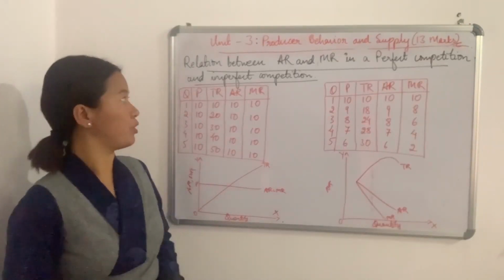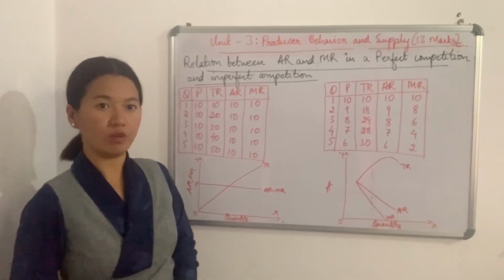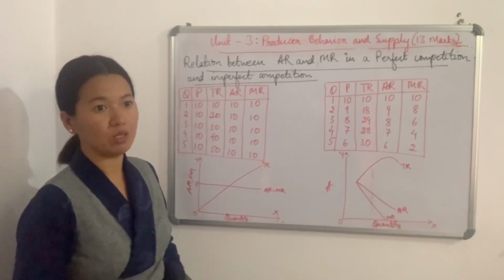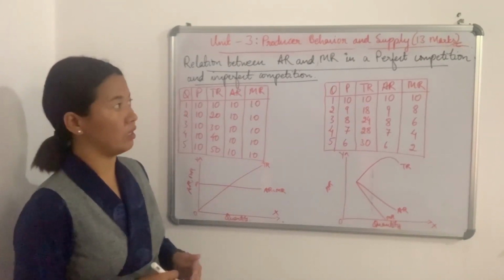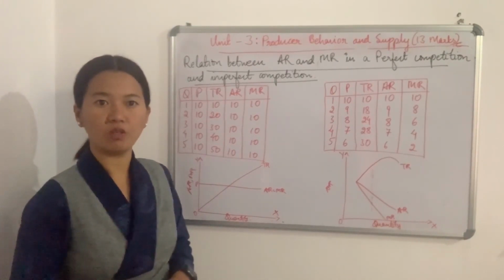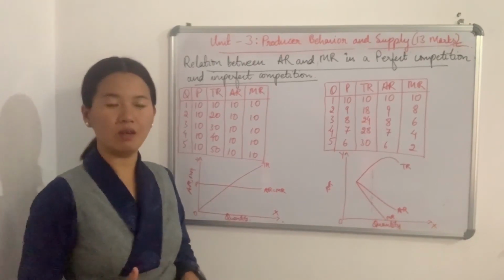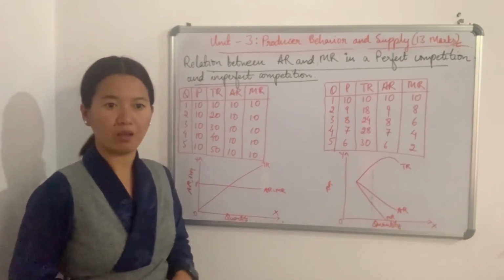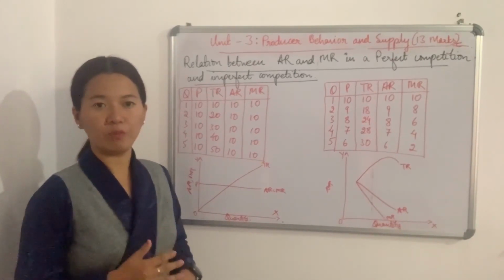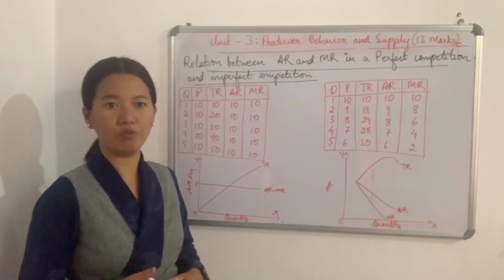Next is the relation between average revenue and marginal revenue in a perfect competition market and in an imperfect competition market. In a perfect competition market, a homogeneous product is sold, where the products are homogeneous or similar in terms of size, package, weight, etc. Since the products are homogeneous, even their prices are uniform.